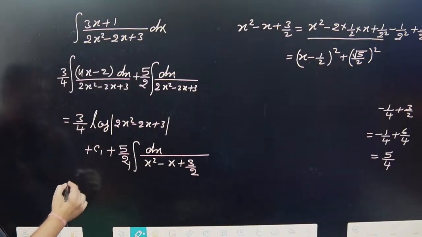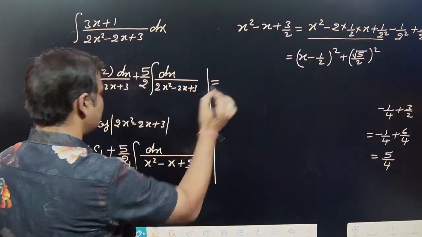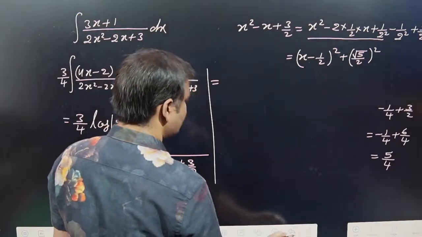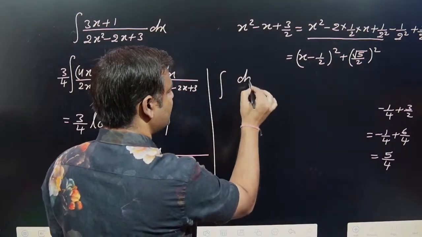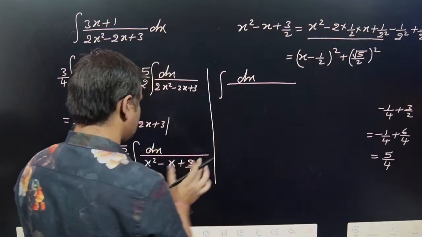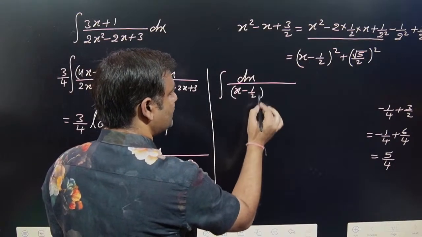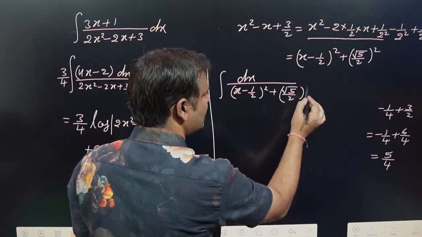So you can say that finally we got how much? Basically integration of dx divided by x minus half to the whole square plus root 5 by 2 to the whole square.